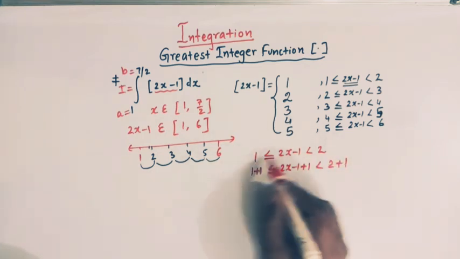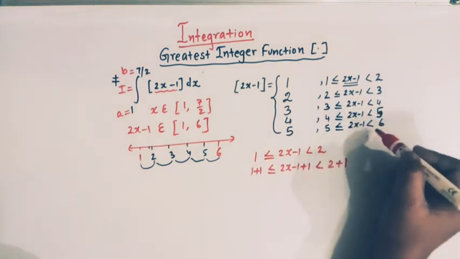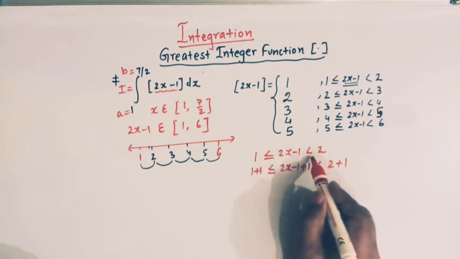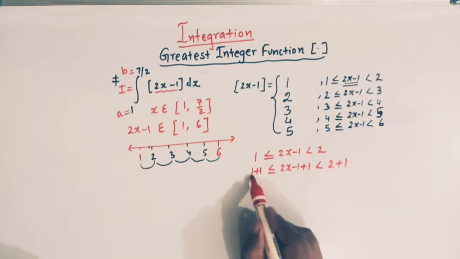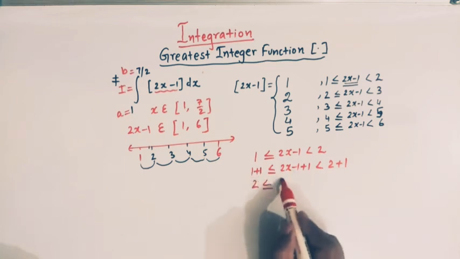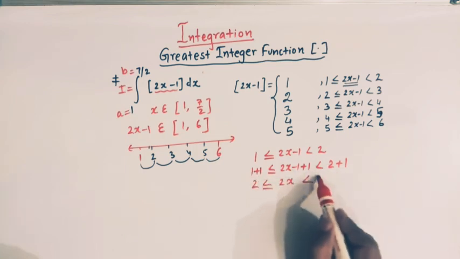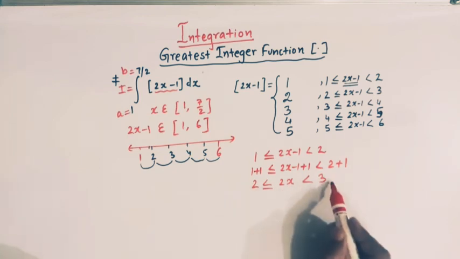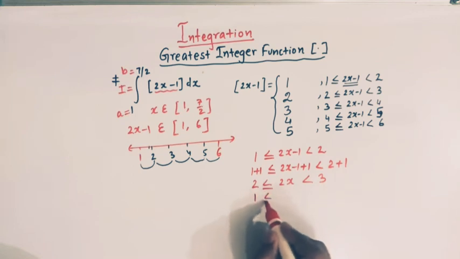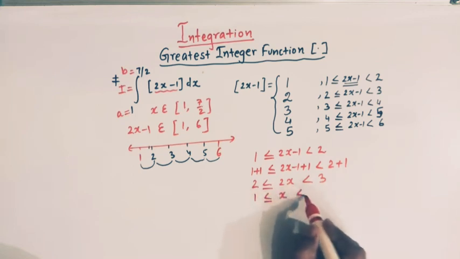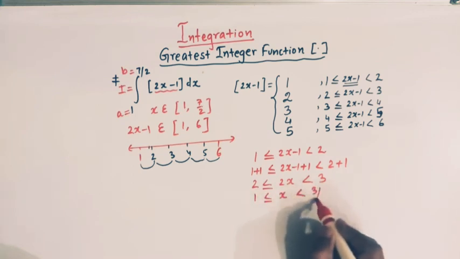So we are solving these 5 inequalities for x. Adding 1 throughout, we get 1 plus 1, that is 2, here we have 2x, and here we have 3. Now dividing throughout by 2, we have 1 here, x, and here 3 over 2.